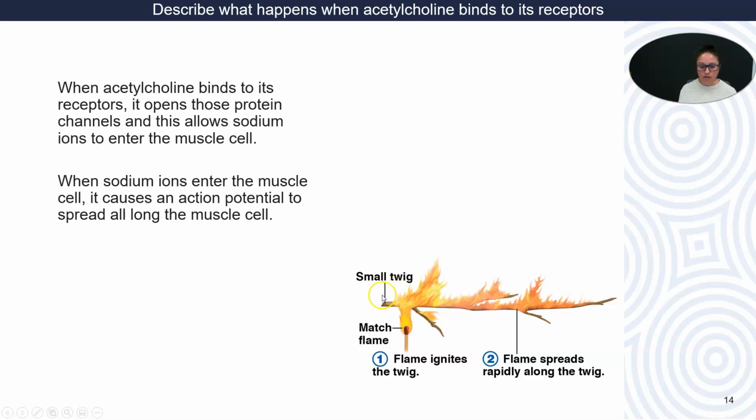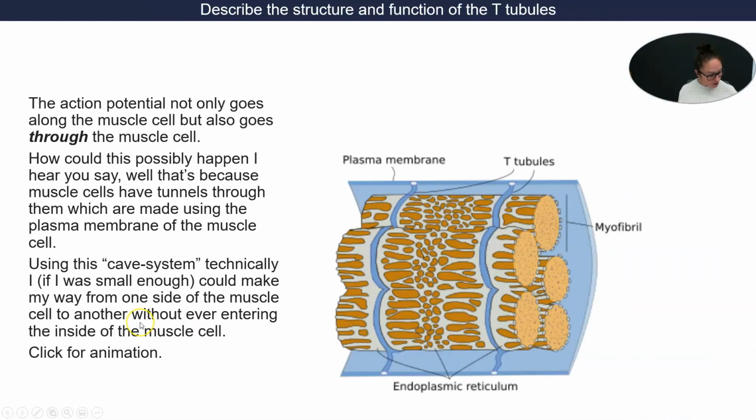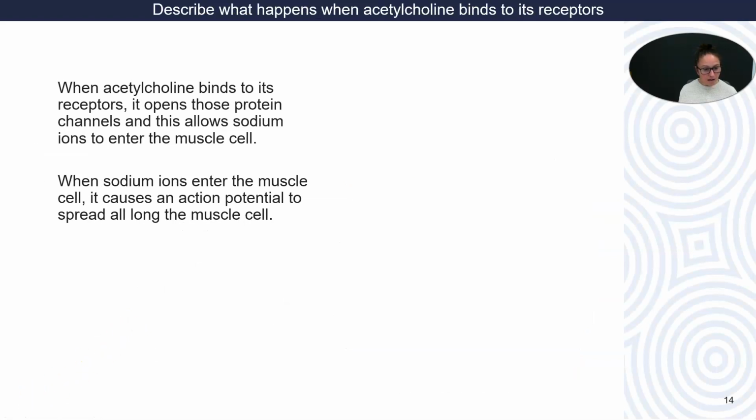Just like you lighting a twig on fire. This match is the coming in of the sodium ions into the muscle cell, and it just spreads like fire. All right, I might let you catch up with your notes and then I will continue.